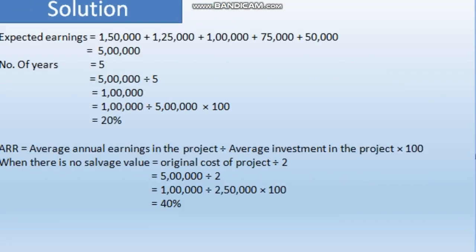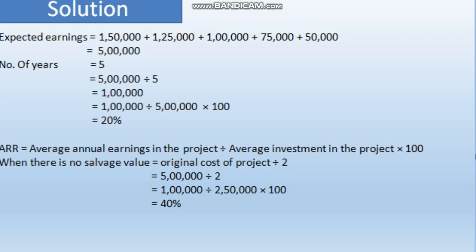In the question the earnings of the project are given, so we simply add all the earnings. By adding all the values, you get a total of 5 lakhs. The number of years is 5. It is not separately mentioned in the question, but they have given the earnings for 5 years, so we understand that the number of years is 5.